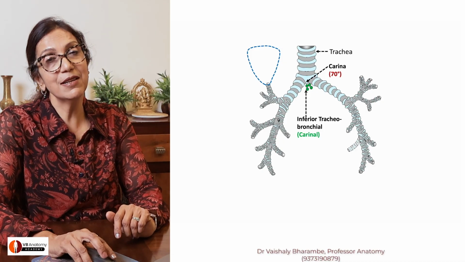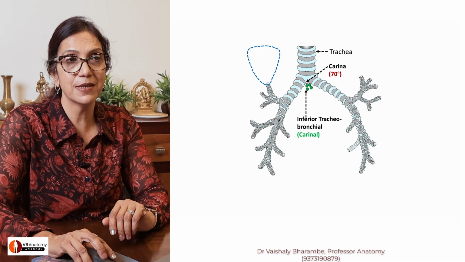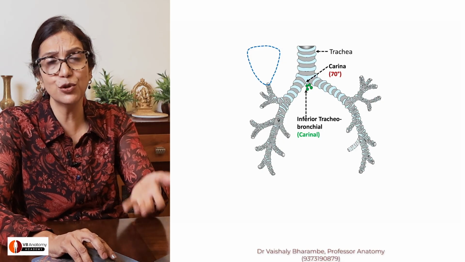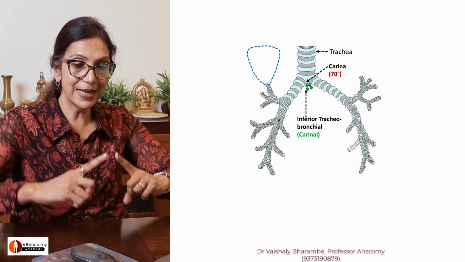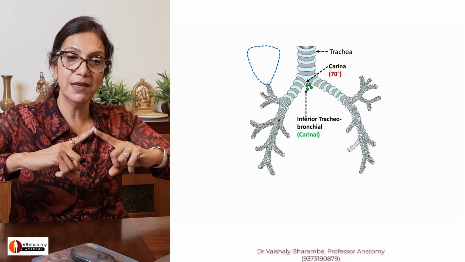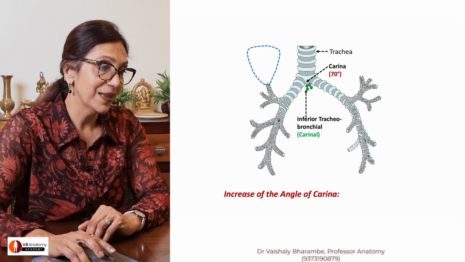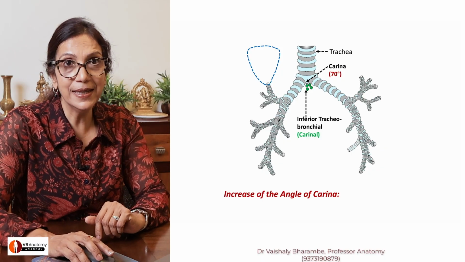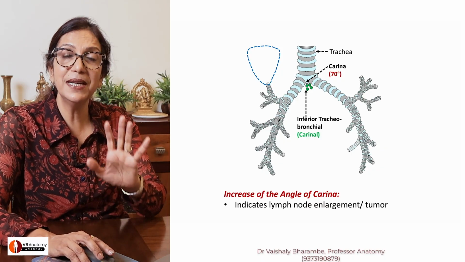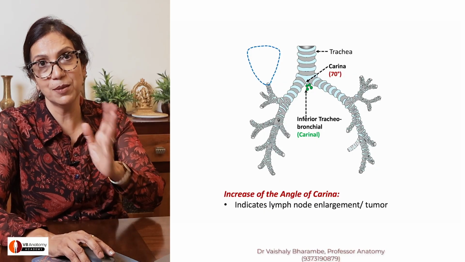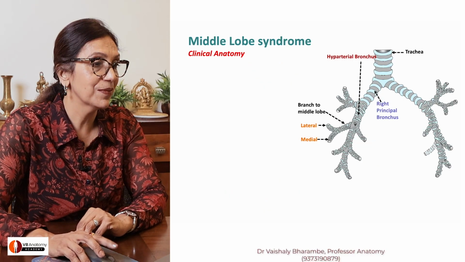Now, suppose these lymph nodes are enlarged for some reason, maybe cancer, maybe there's a tumor there. This carinal angle, which was 70 degrees, will be obviously widened out. So, increase of the angle of carina indicates possibility of thickened lymph nodes, possibility of a tumor.